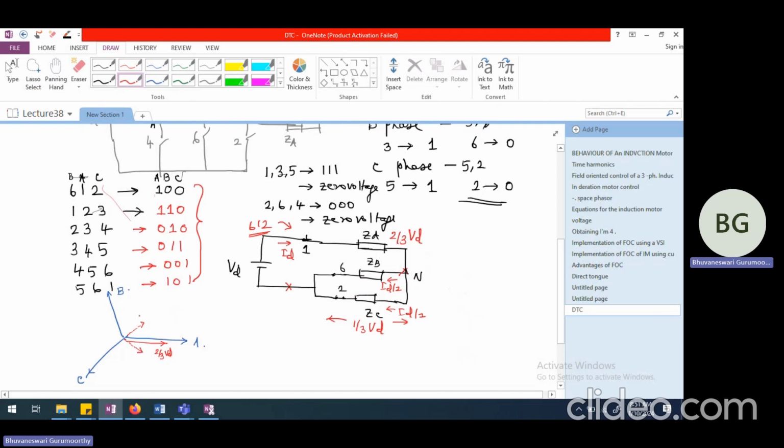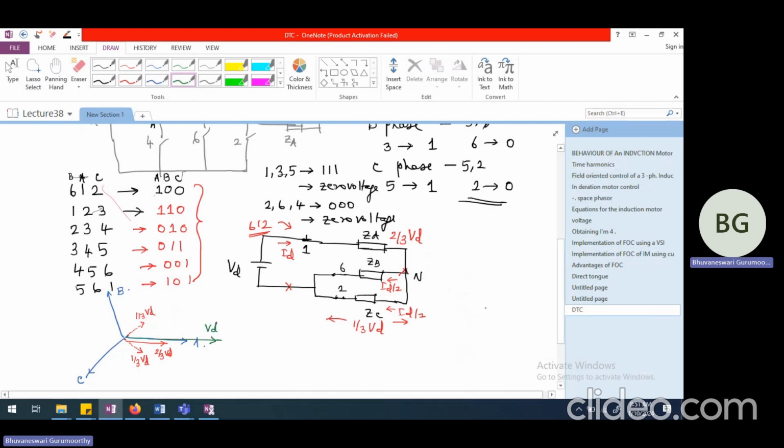So this is going to be the voltage across C phase. This is the voltage across B phase. So when I add all of them together, I'm going to have basically VD, which is coming along this direction.